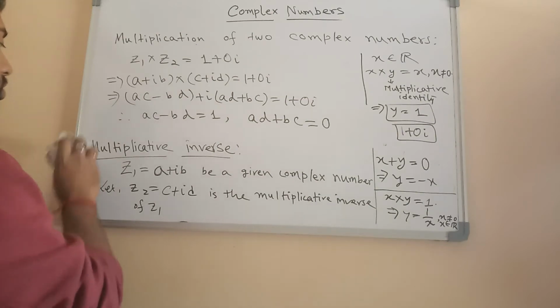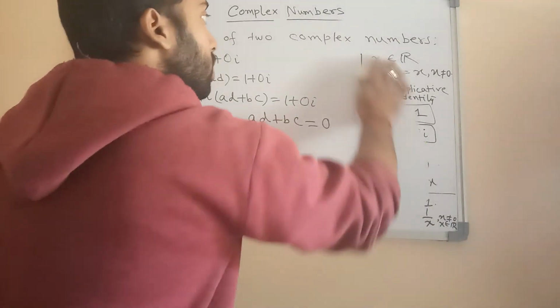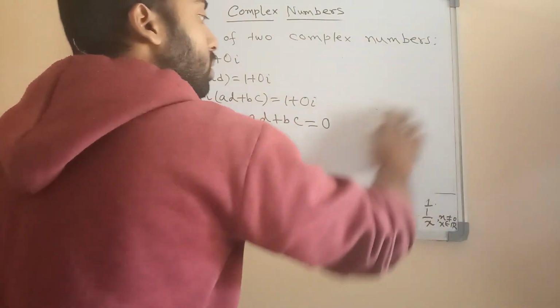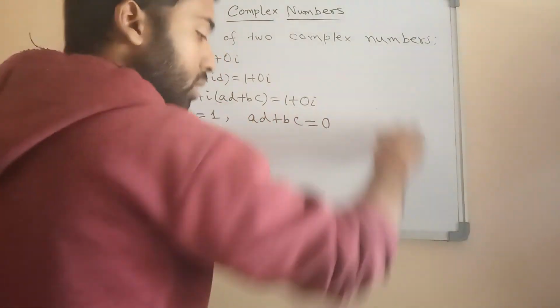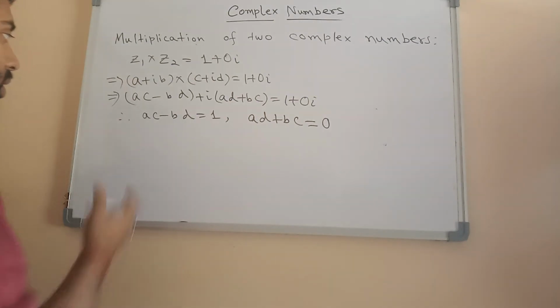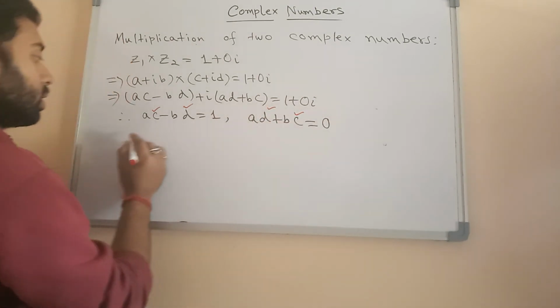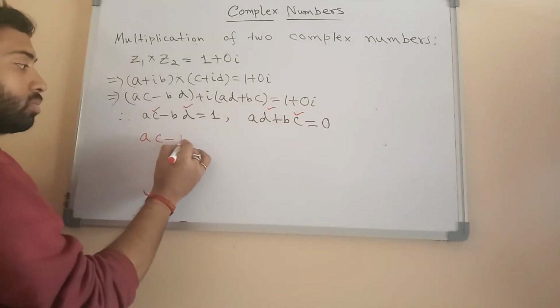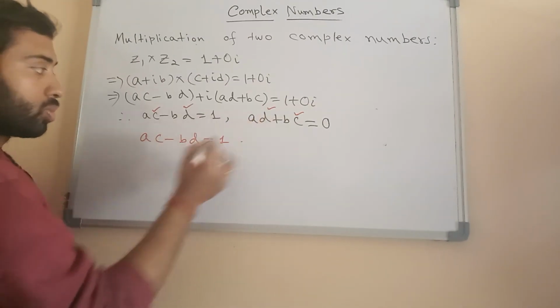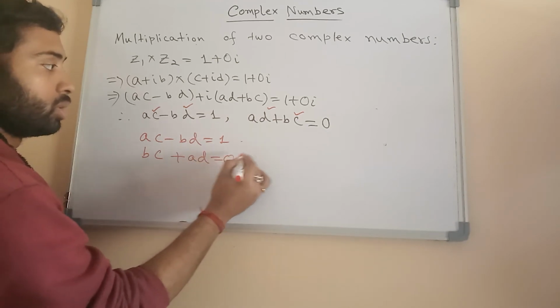Now we have to find the values of C and D from these two equations. So this is very easy to find by elimination method. Here the unknowns are C and D. Let's write in this form: AC minus BD equals to 1 and BC plus AD equals to 0.